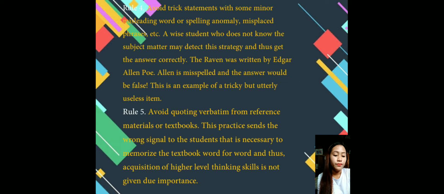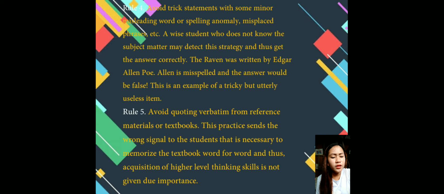Rule number 5. Avoid quoting verbatim from reference materials or textbooks. This practice sends the wrong signal to the student that it is necessary to memorize the textbook word for word, and thus acquisition of higher level thinking skills is not given due importance.